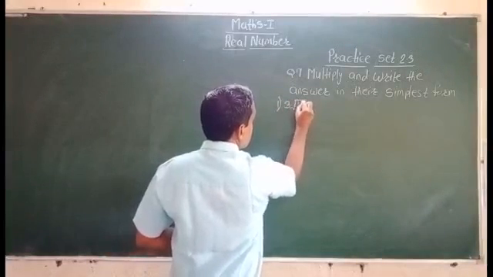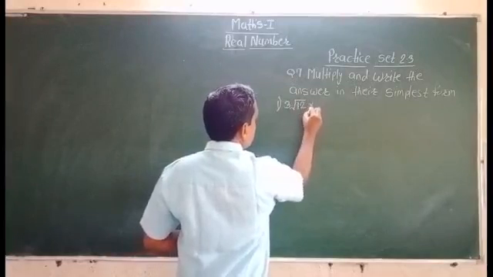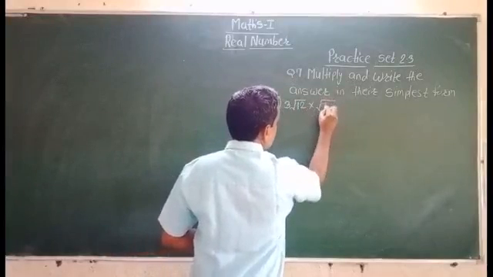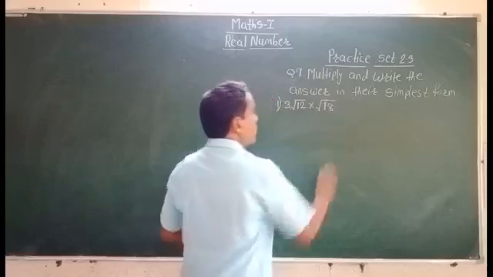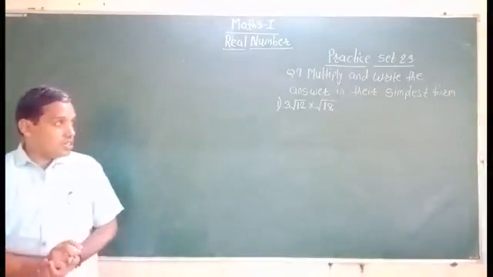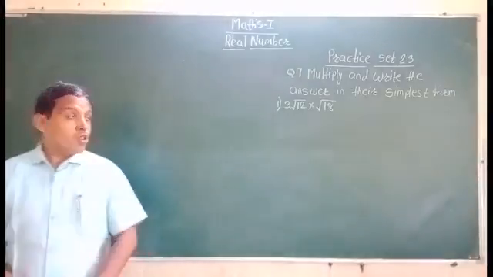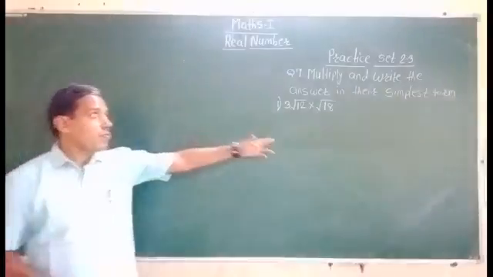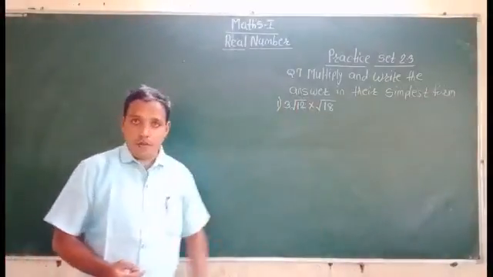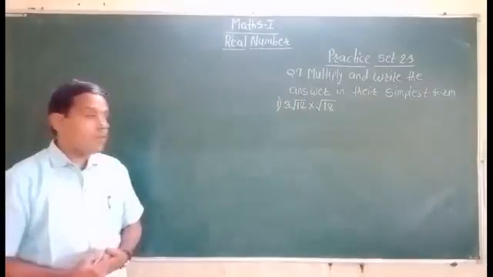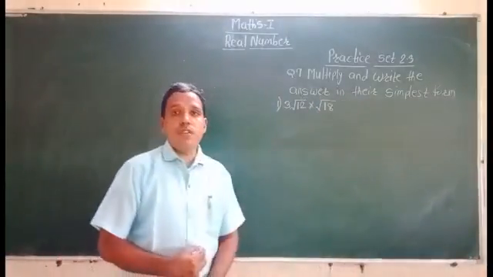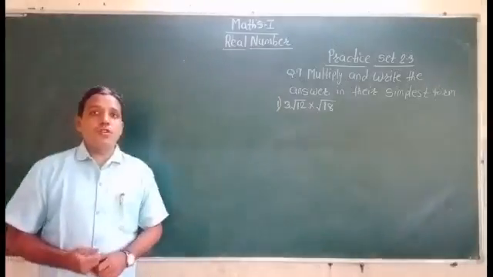So the first example is 3 surds 12 into surds 18. We will begin the multiplication between them, and then afterwards we will simplify to the simplest form.